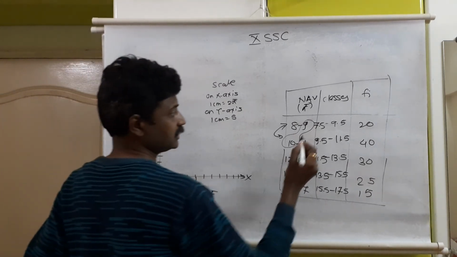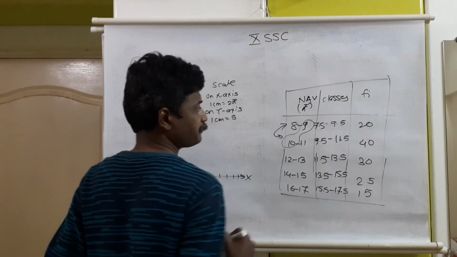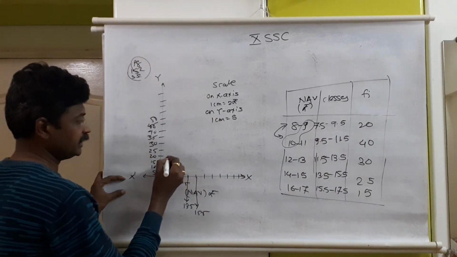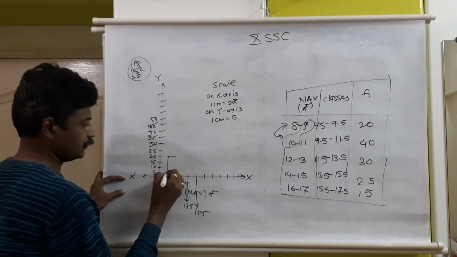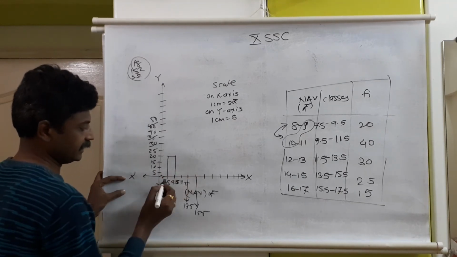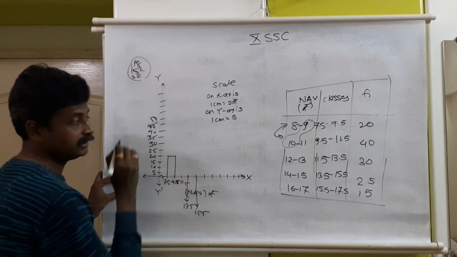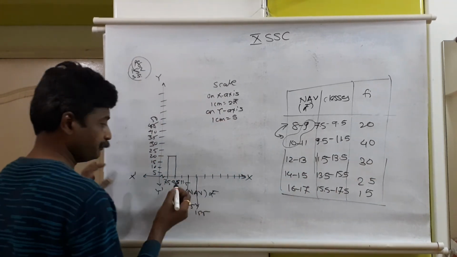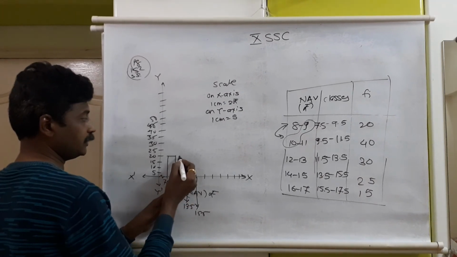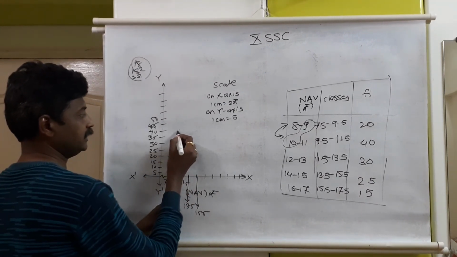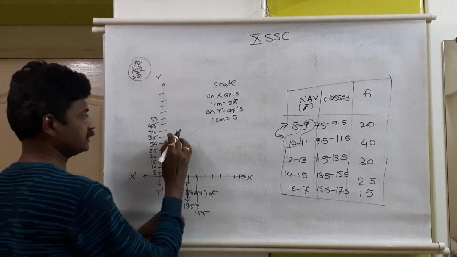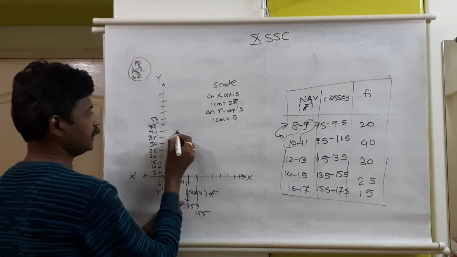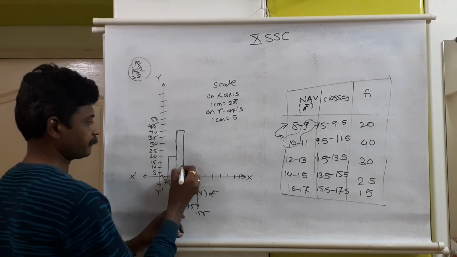For the first class, 7.5 to 9.5, the frequency is 20. So we need to mark this rectangle from 7.5 to 9.5 up to 20. Next is 9.5 to 11.5, 40. So 9.5 to 11.5 up to 40. 40 shows on the y-axis here, so we mention this bar up to 40.